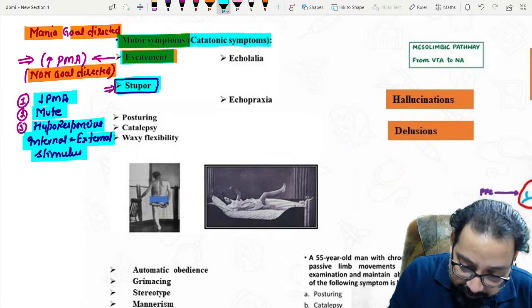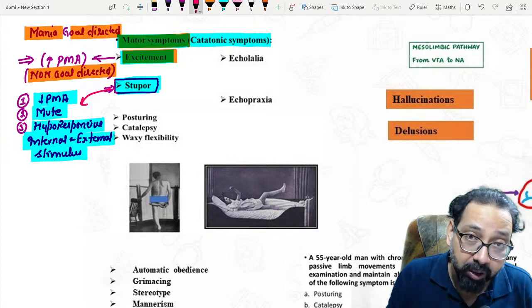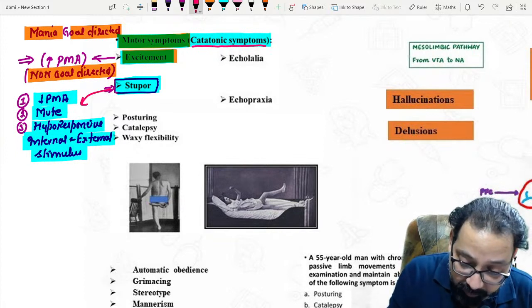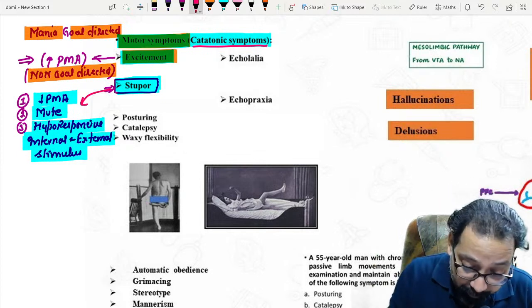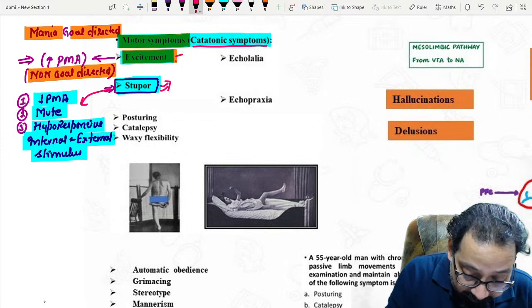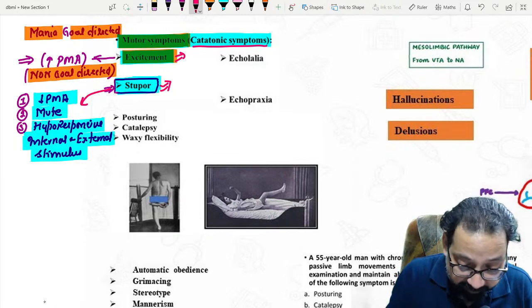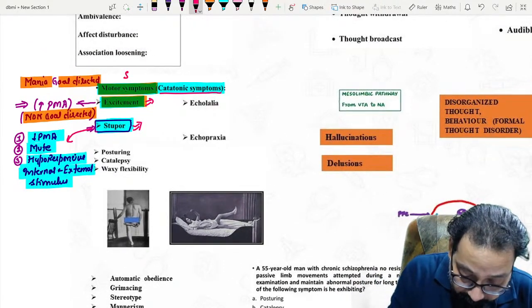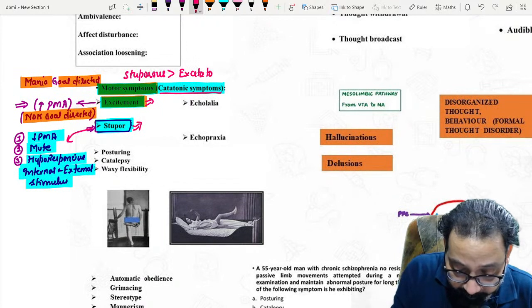Stupor is a symptom present in catatonic disorder and other disorders also. But remember, if a catatonic patient has stupor, it is stuporous catatonia. If a catatonic patient has excitement, it is excitatory catatonia. And stuporous catatonia is more common than excitatory catatonia.